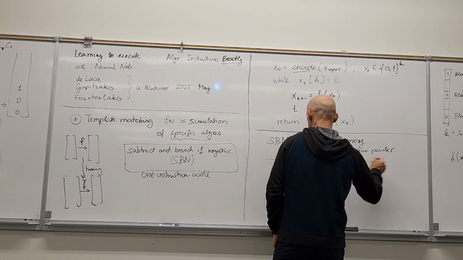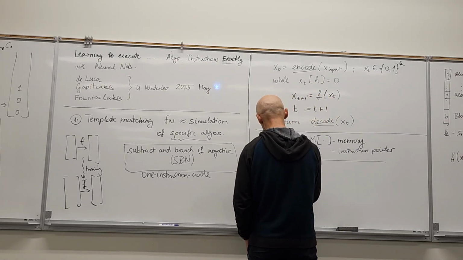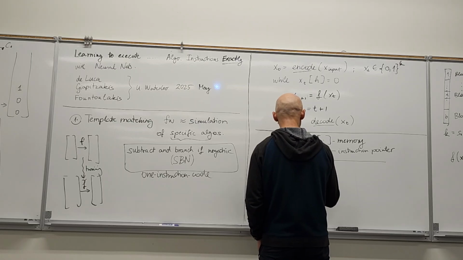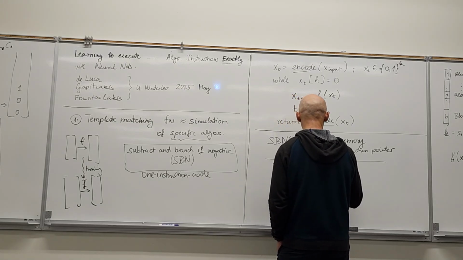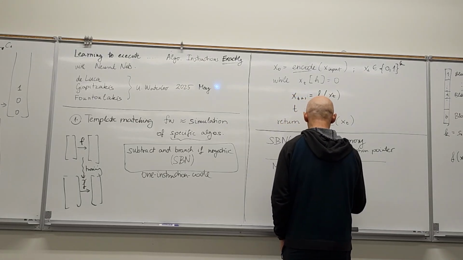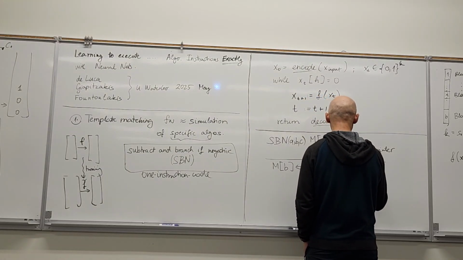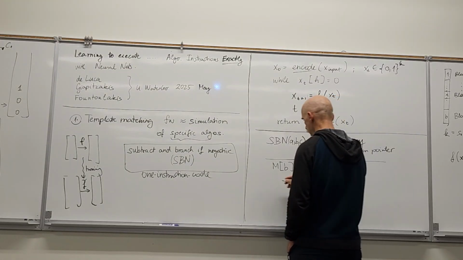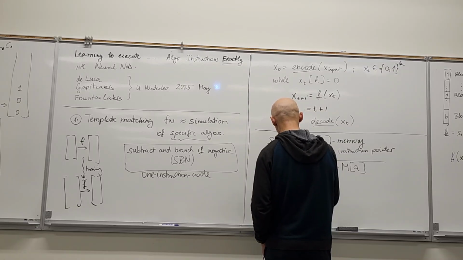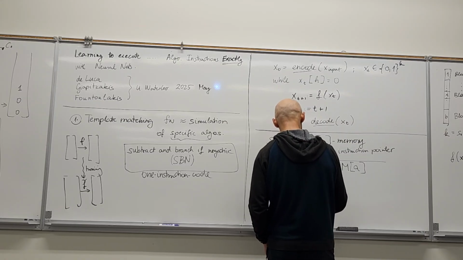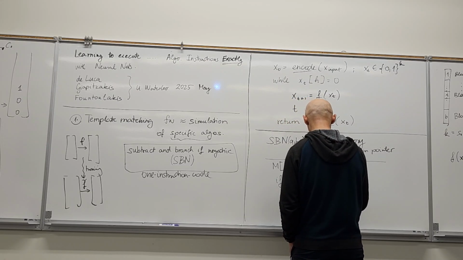And the way it works is that you set the value of the memory at B to be the difference between MB and MA. And if MB is negative, then the instruction pointer is set to MC.